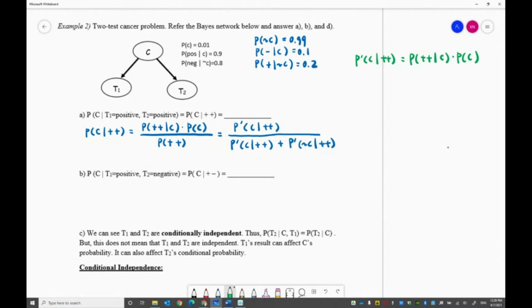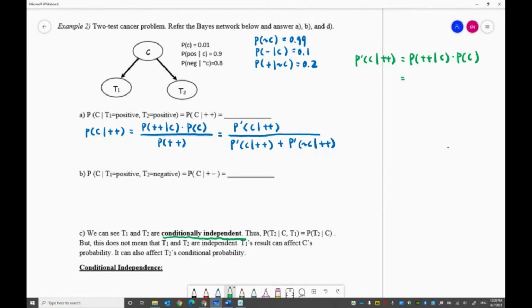Actually, those two, tester 1 and tester 2, are not simply independent, but conditionally independent. They have the same given, so we call them conditionally independent. As long as they have the given, they are independent.